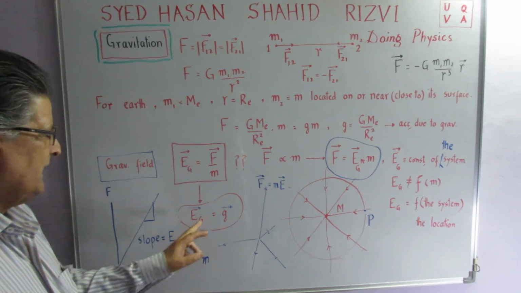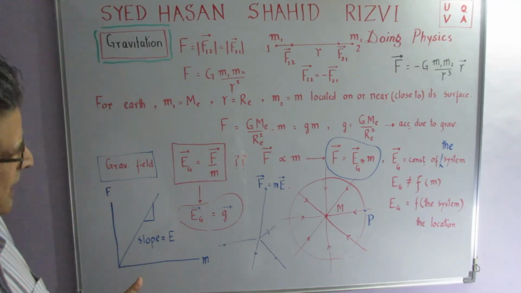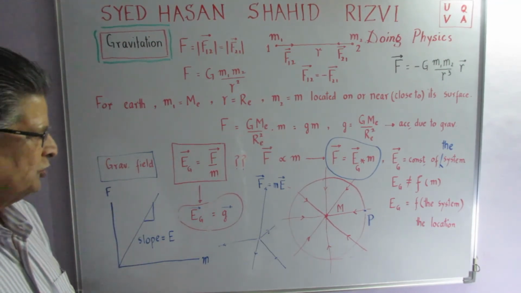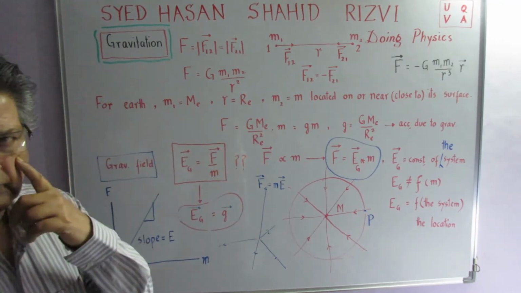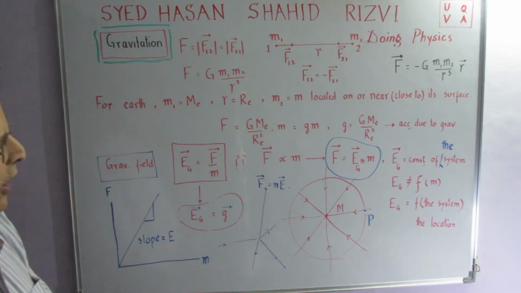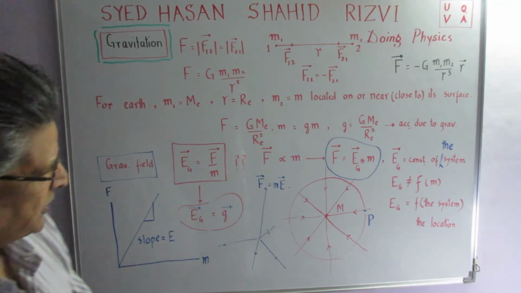The field is equal to g. You have to go through the lecture again to understand what the field value is and how it exists. I will talk more about it.